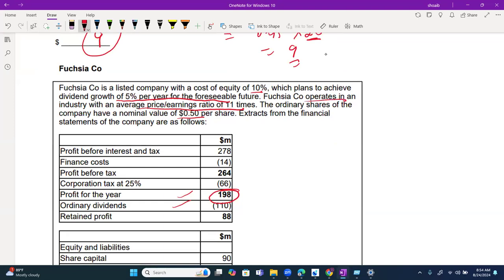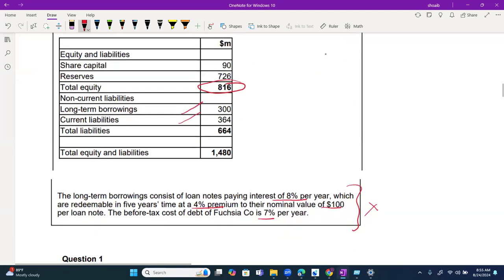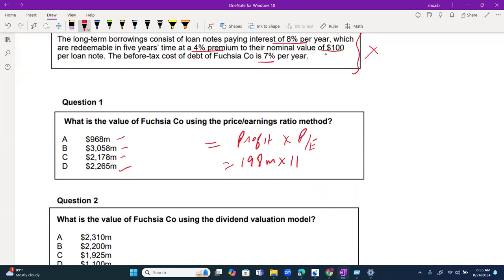Fuchsia company operates in an industry with an average PE ratio of 11. So multiply these two, 198 into 11, 2178. So the value of Fuchsia using the PE ratio method is 2178.